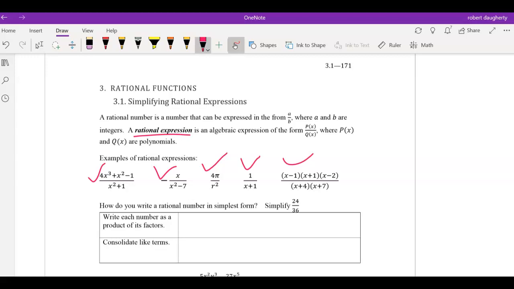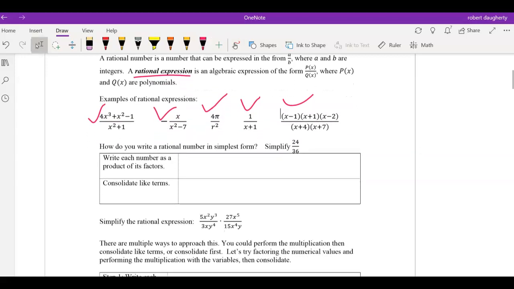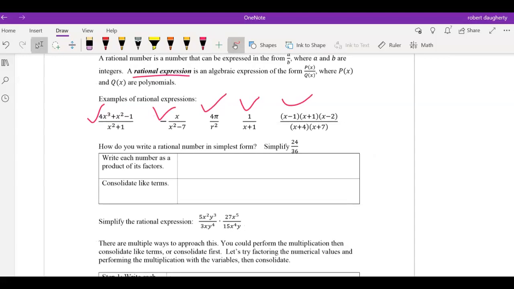Now, one thing we need to keep in mind is that these are fractions. You're going to see fractional numbers that appear. And some of the skills that you had in reducing fractions, you're going to need those as well. So when I look at something like 24 divided by 36, just like it is with polynomials, I need to figure out what are the factors.